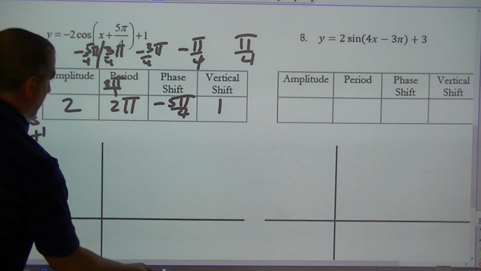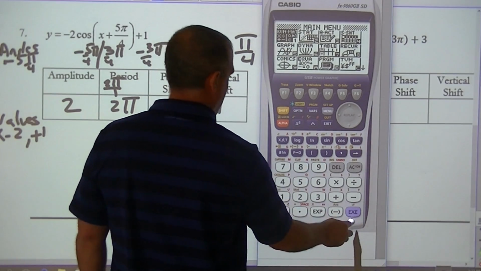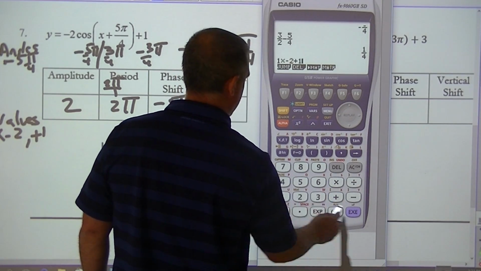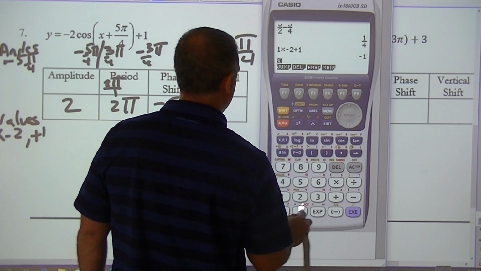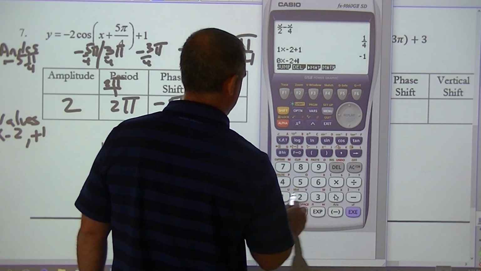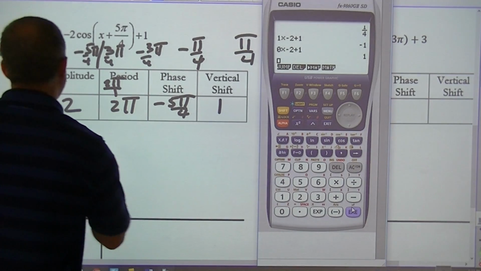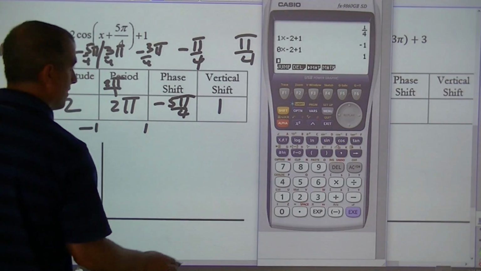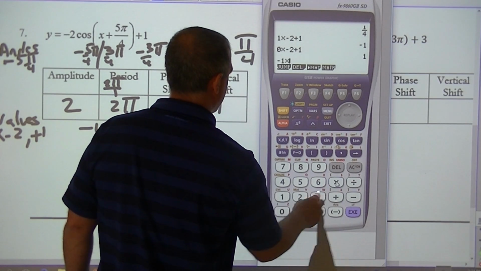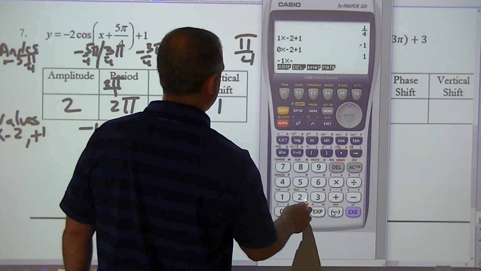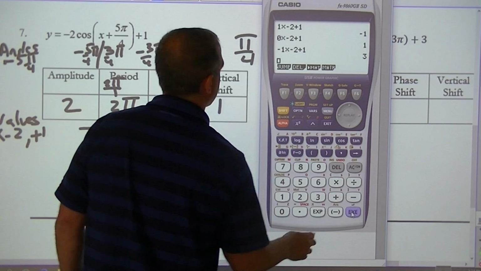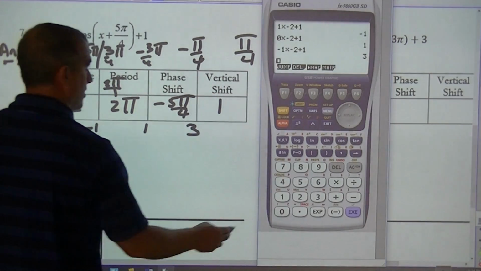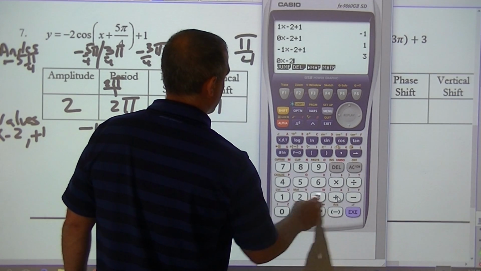So for cosine, I've got 1 times negative 2 plus 1, and then for 0 it would be 0 times negative 2 plus 1. So that's going to be negative 1 and then 1. Then I would do negative 1 times negative 2 plus 1, which is 3. And then back with 0, 0 times negative 2 plus 1.